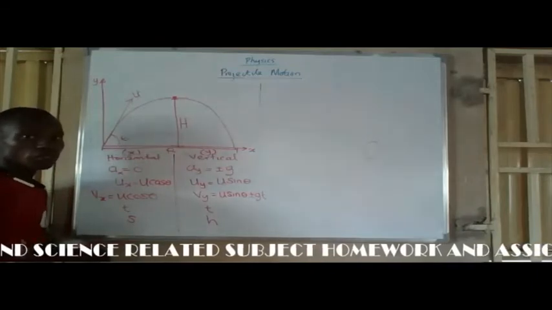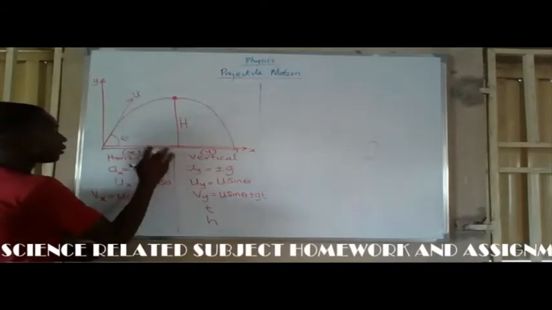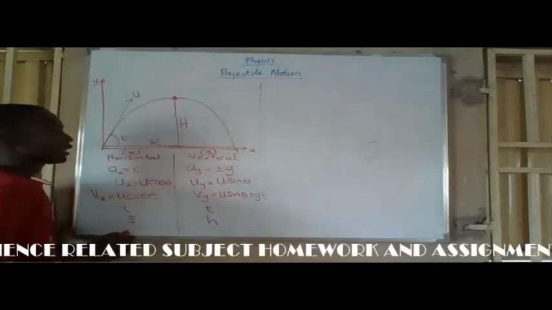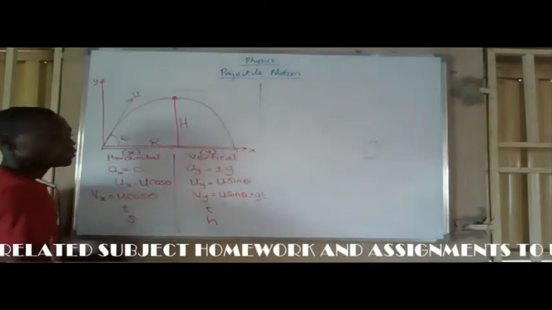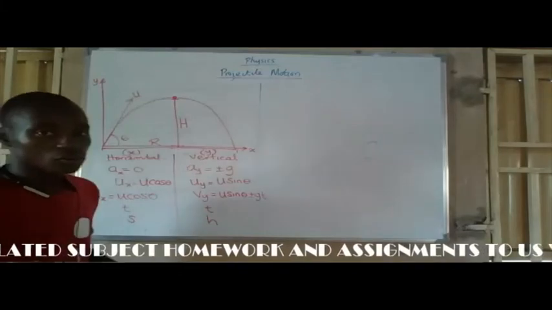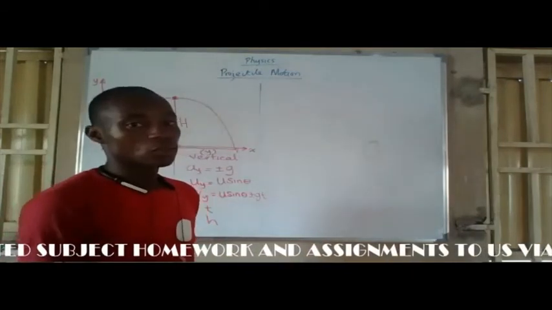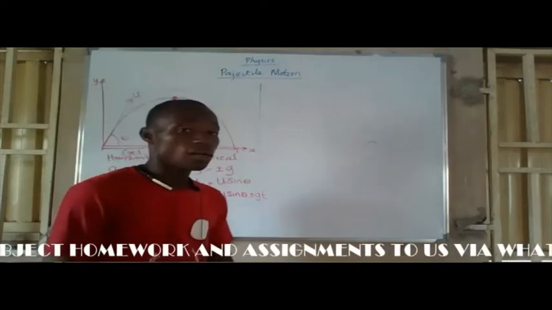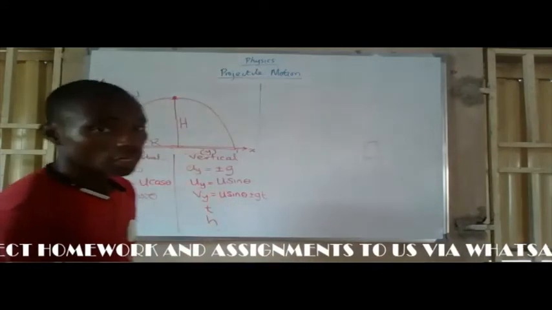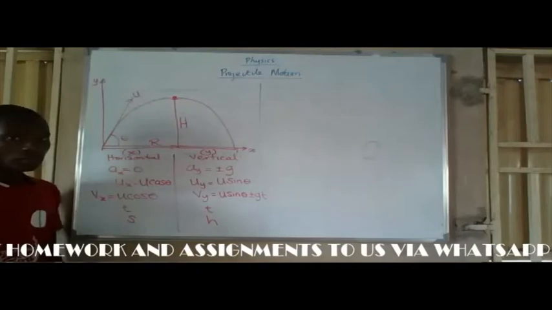We denote that with a capital R. That's the distance between the point of projection to the point where it comes down to the same level as it was projected. That's what we call the horizontal range, essentially, as you can see noted on the diagram.